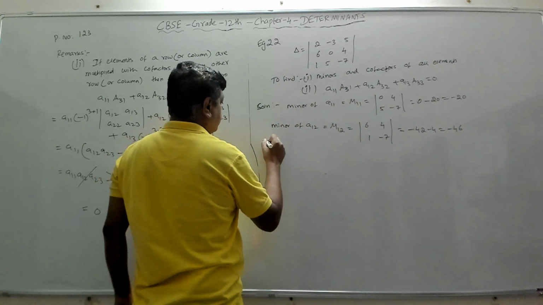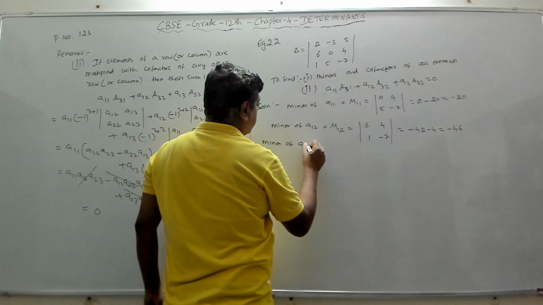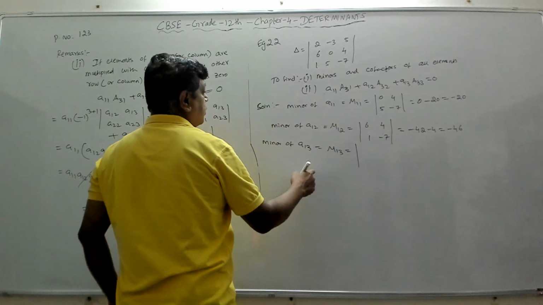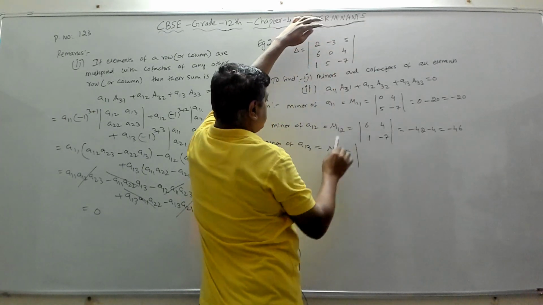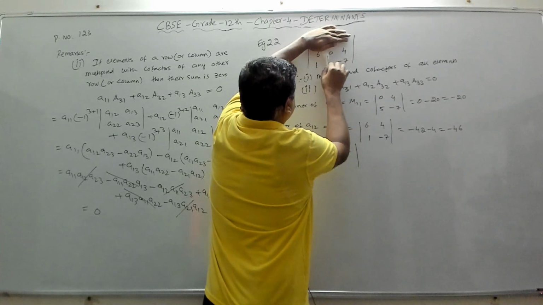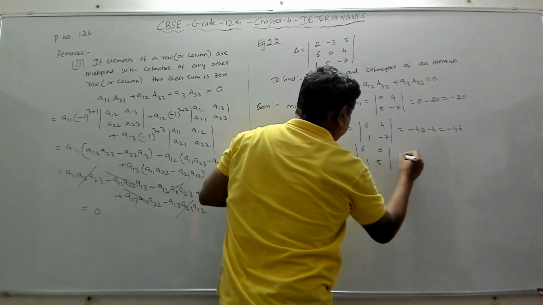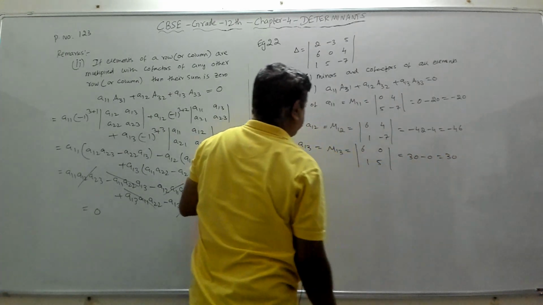Then the minor of a13, M13, means you close the row and column on which the 5 lies. So it is 6 0 1 5. 6 fives are 30, minus 1 into 0 is 0, so you get 30.